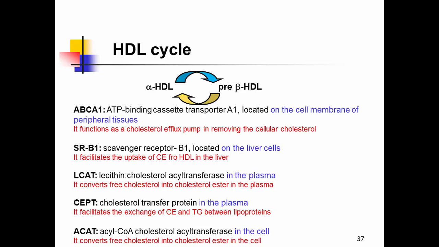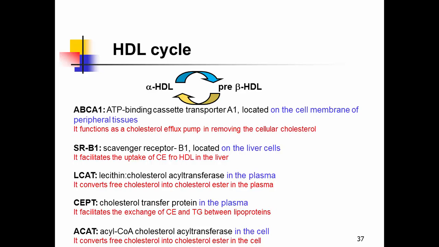And once the beta HDL picks up the free cholesterol and phospholipids from peripheral tissue and enters the circulation or plasma, then through several steps the beta HDL eventually can be converted to alpha HDL.